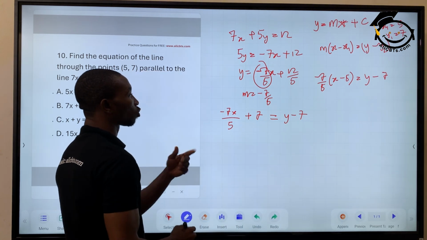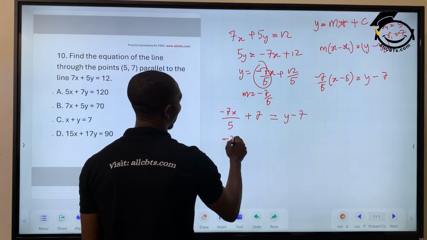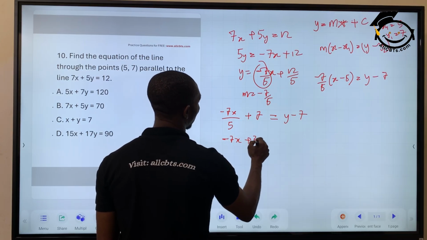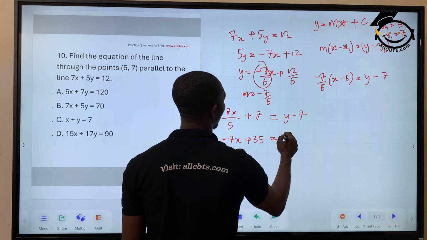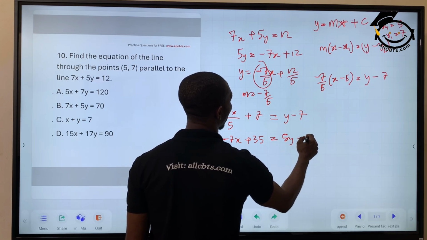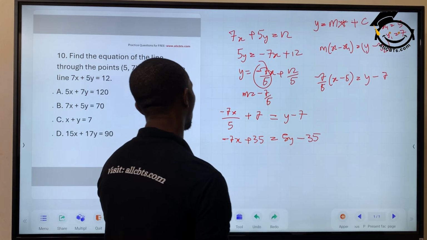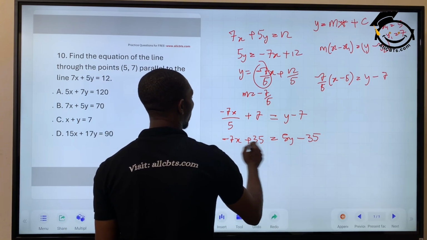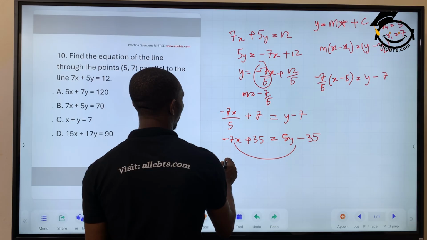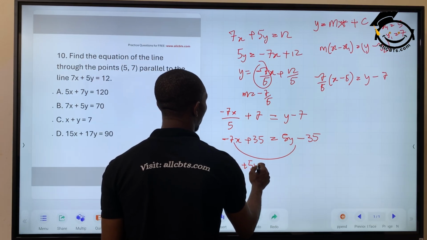So if we multiply through by 5, this becomes minus 7x plus 35 equals 5y minus 35. Now bringing our equations together, the minus 7x going over will give us 7x plus 5y.